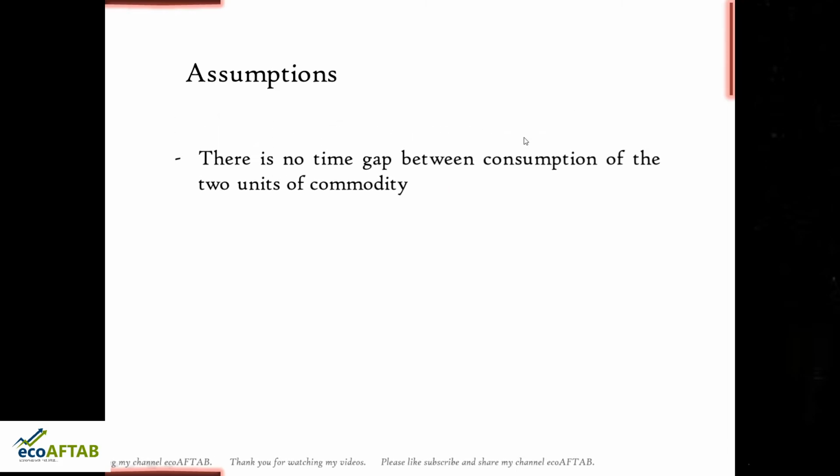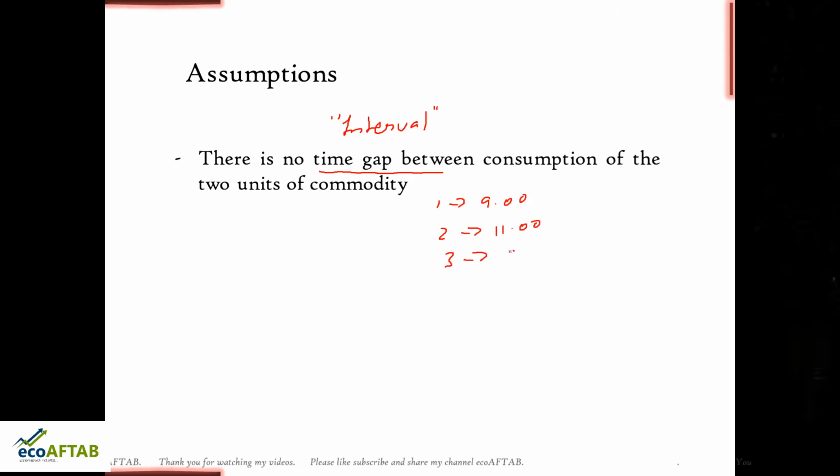Then the next assumption is there is no time gap with regard to consumption. Here we are speaking about the consumption of the commodity having no time interval. It is not that the first unit was consumed at 9 o'clock in the morning, the second unit will be given at 11 o'clock and the third unit will be given at 5 o'clock.